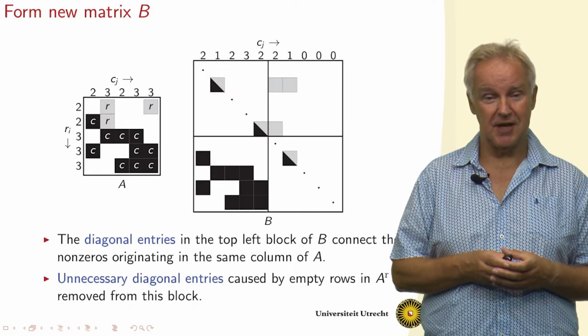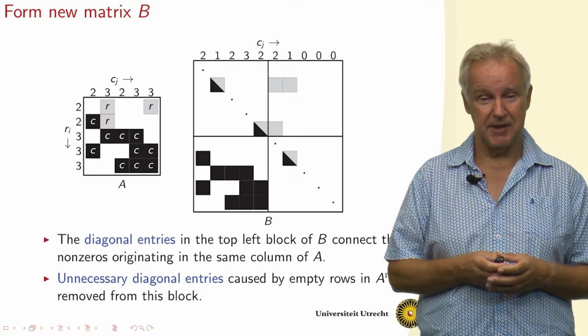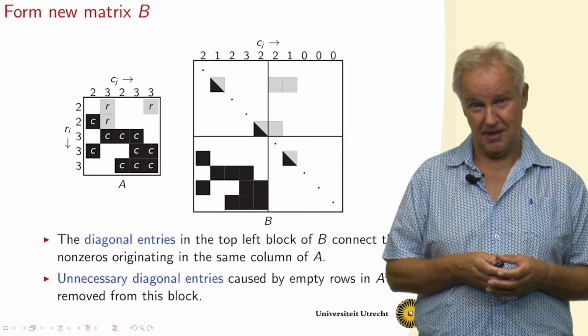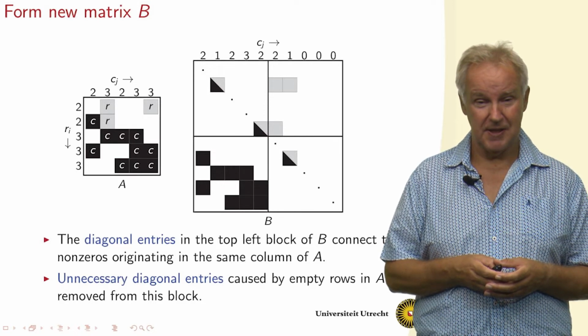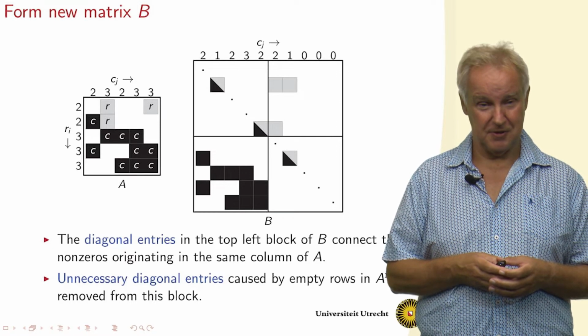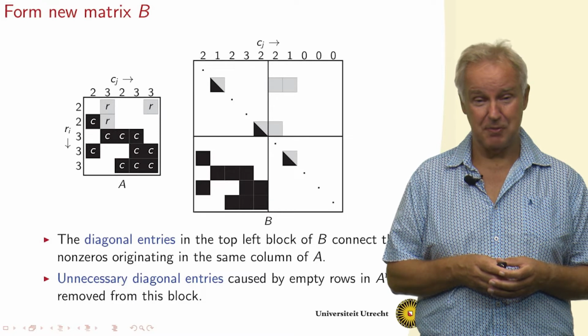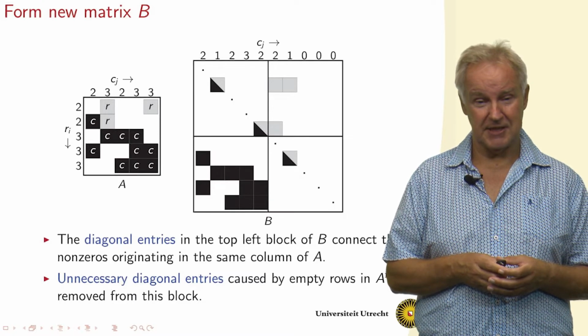So once we have done this, we create our matrix B. You see that all the black non-zeros end up in the left bottom part, and the gray non-zeros end up in the right upper part, but then transposed. So you will recognize them.